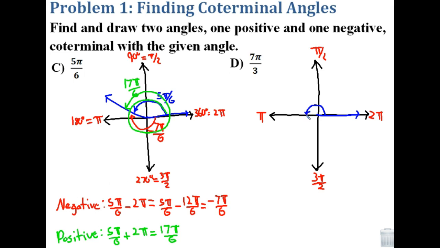So let's keep going. Continuing to 2 pi, in terms of thirds, that would be 6 pi over 3. So 2 pi is 6 pi over 3, and we have 7 pi over 3. So what we have here is a pi over 3 more than the 2 pi. My 7 pi over 3 is going to look somewhere like this, wrapping all the way around, coming back to the first quadrant.